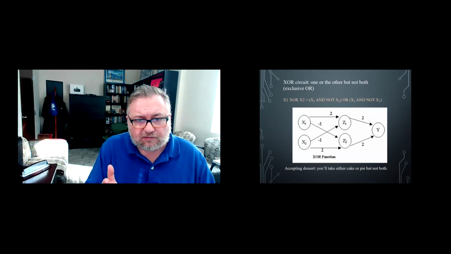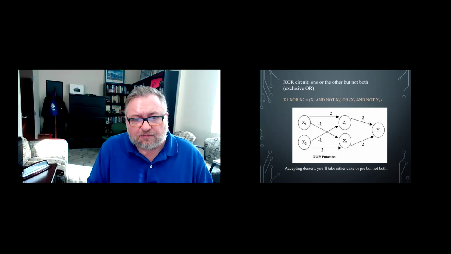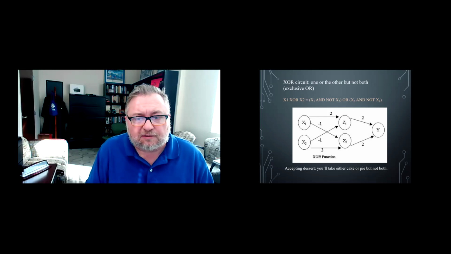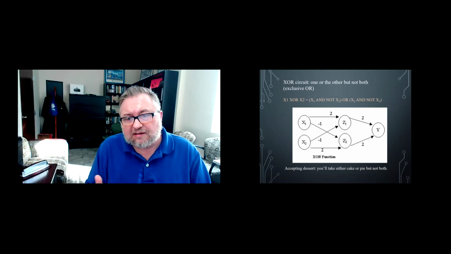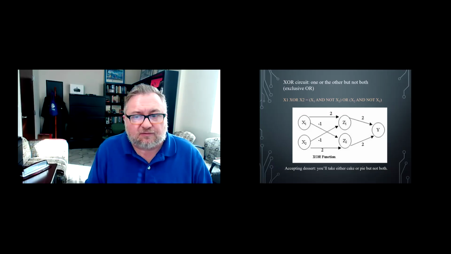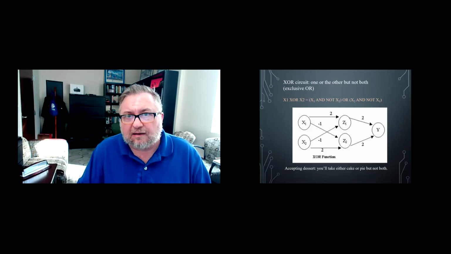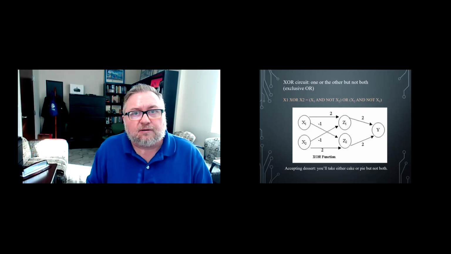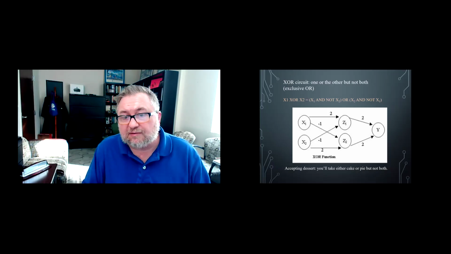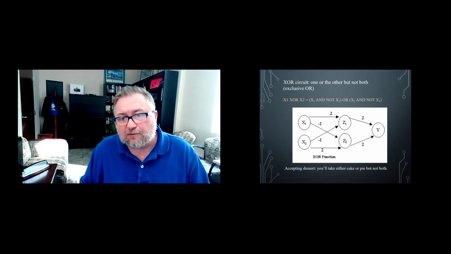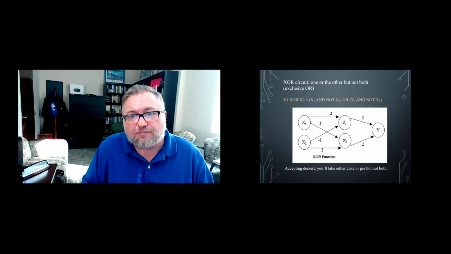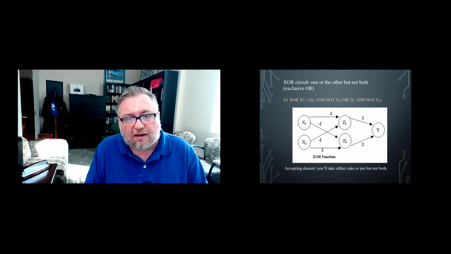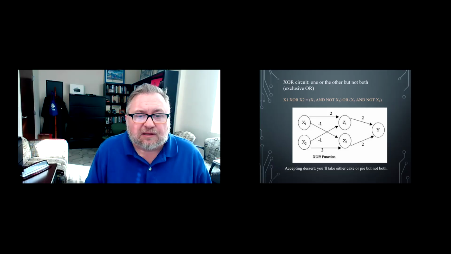So if you see this, one thing that you might notice is that this ought to look familiar, because let's imagine, just look at the Z's converging onto Y. They each have a signal strength of 2, and Y's threshold is still 2. So what is that? That's an OR function, right? Y will respond if Z1 is true, and Y will respond if Z2 is true, or both, but it doesn't matter, right? But feeding into Z are 2 different AND NOT rules.